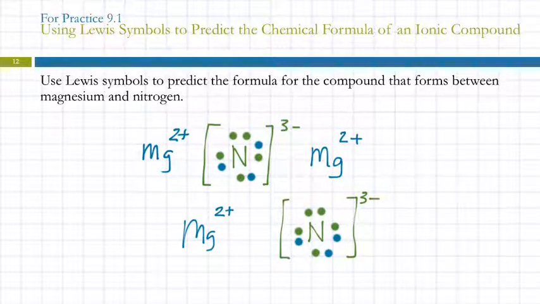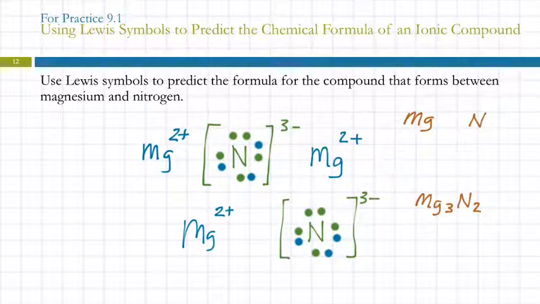So to write the formula for this compound, we'd look at, well, how many magnesiums are there? Well, there's 3. So Mg3, and how many nitrogens? 2. Mg3N2. We get the same result as what we learned in an earlier chapter, where we would look at the two elements, and from position on the periodic table, we would predict that magnesium has a positive 2 charge, and nitrogen has a 3- charge.